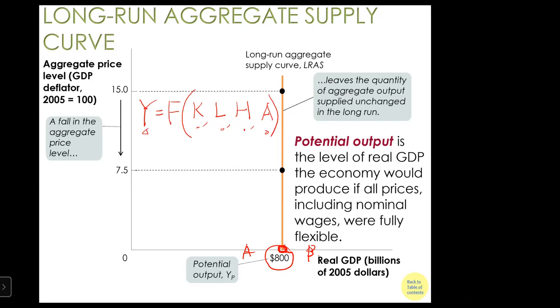So similarly, why we produce 800 is coming from those four different factors. If a country accumulates more capital over time, then this is going to increase, meaning the entire curve shifts to the right.